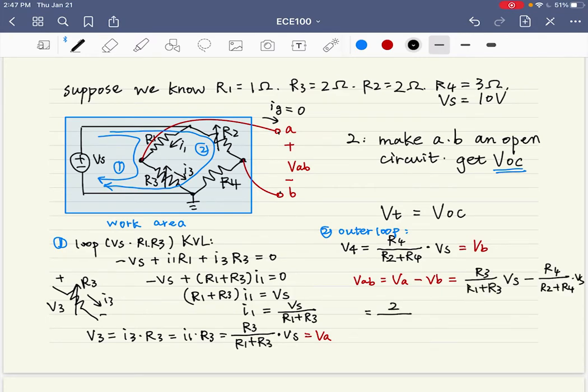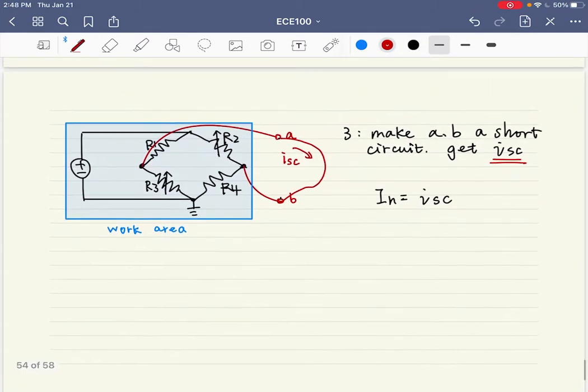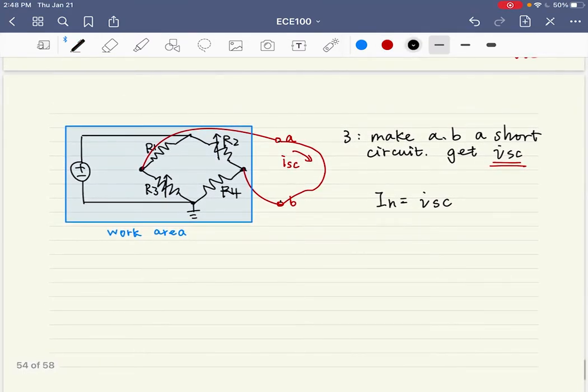We'll notice that V3 is equal to VA, and V4 is equal to VB. Thus, we know that VAB equals VA minus VB, following the reference polarities in the circuit. Congratulations, you get the open circuit voltage here.